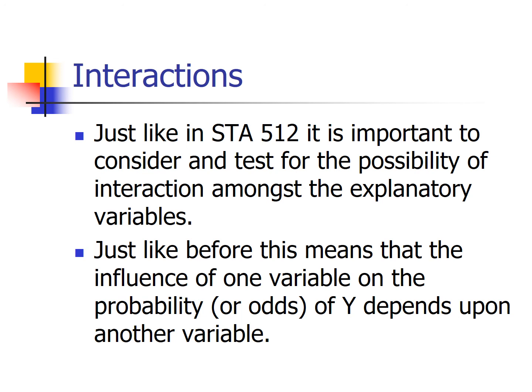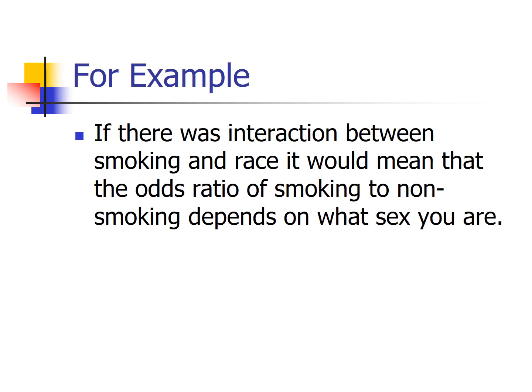The presence of interaction means that the influence of one variable on the probability or odds of y depends upon another variable. For example, if there was interaction between smoking and sex, it would mean that the odds ratio of smoking to non-smoking depends upon what sex you were born. It depends upon whether you were born male or born female.